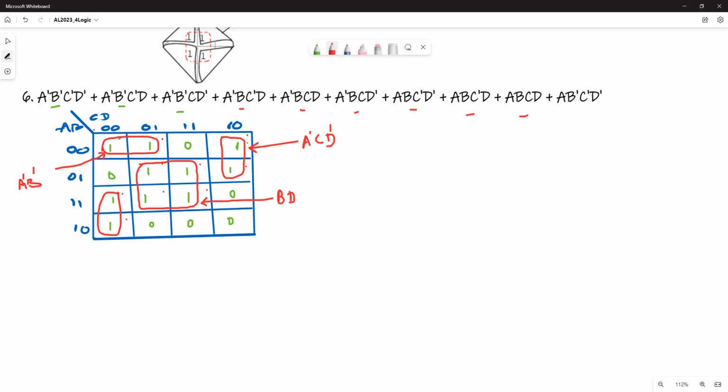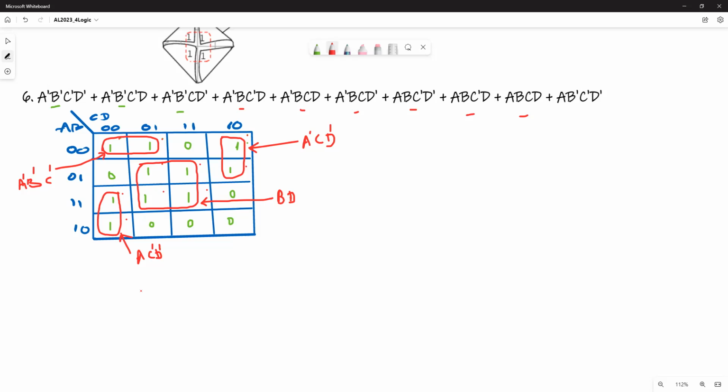So you can say D is changing. So that is C bar, right? And the last one, this last one, A, C bar, D bar. Yes, good. We have A, C bar, and then we have D bar. Good.